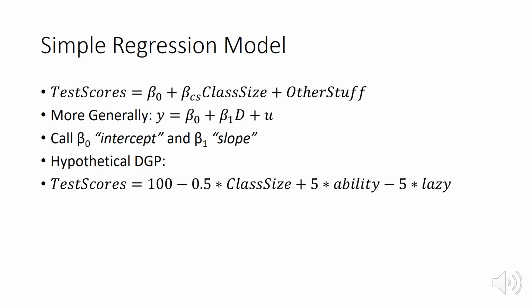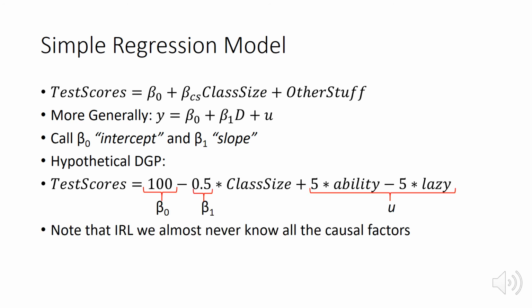I just made this up, but test scores is a function of some intercept, some baseline test score, minus 0.5 times class size, plus 5 times ability, minus 5 times how lazy you are. To change this data generating process into that general form that we have above, we've got the intercept, the slope, and we've got these nuisance terms back here, other stuff. So our data generating process looks a lot like our simple regression model up there.